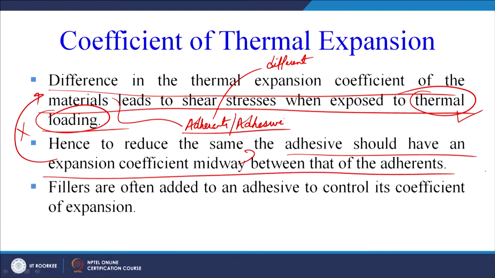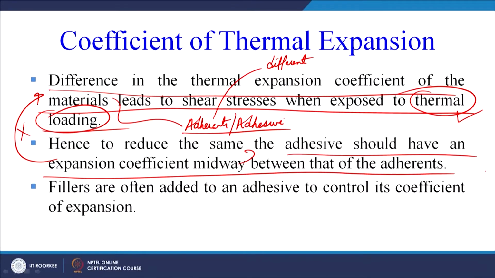Here also, because of the shear stresses that may develop because of the difference in the coefficient of thermal expansion of the adherents as well as of the adhesive, we must choose our adhesive judiciously, and the adhesive should have an expansion coefficient midway between that of the adherents, so that we can nullify the effect of the shear stresses developed because of the thermal loading environment on our product.